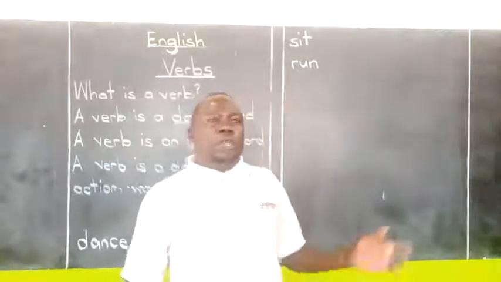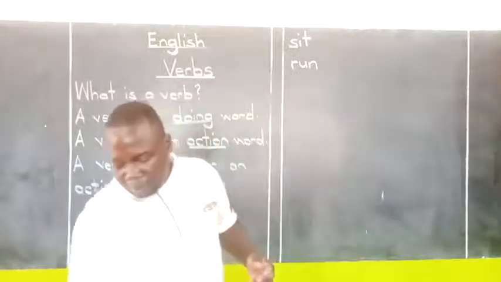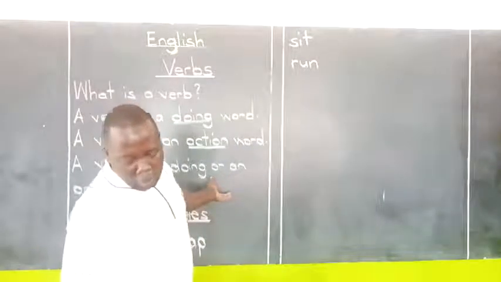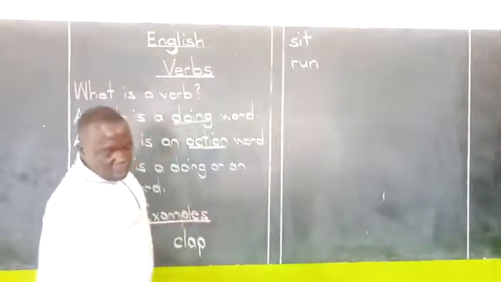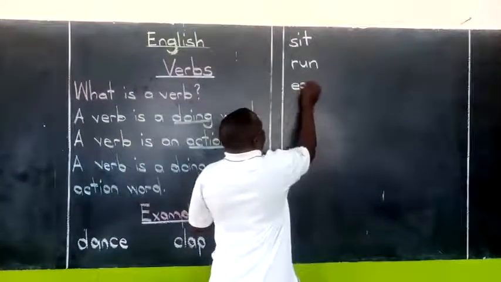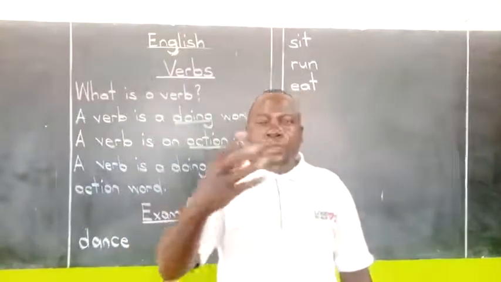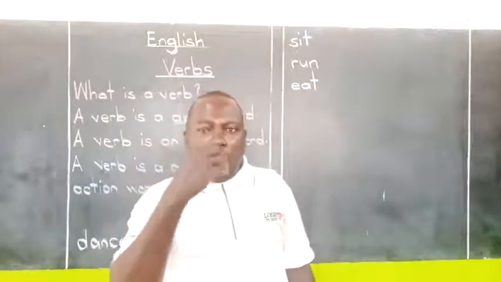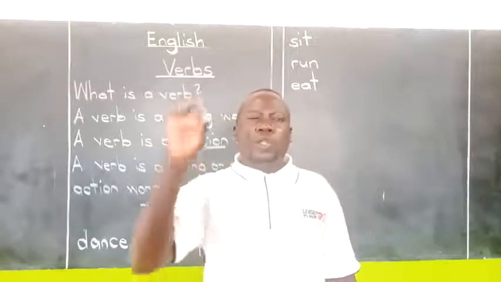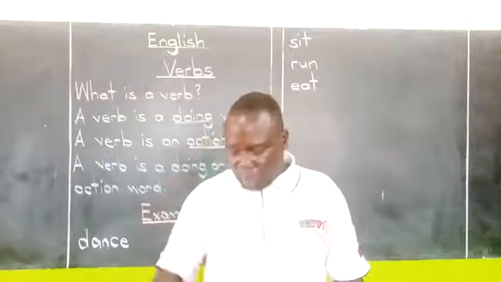That is why it is called action word. We have eat. A word with the action. That is why a verb is called an action word. You say it combined with the action.